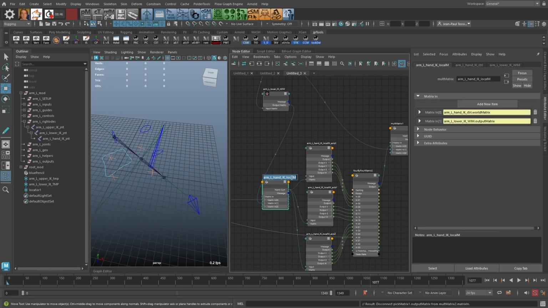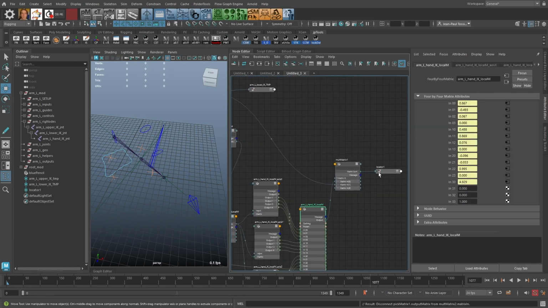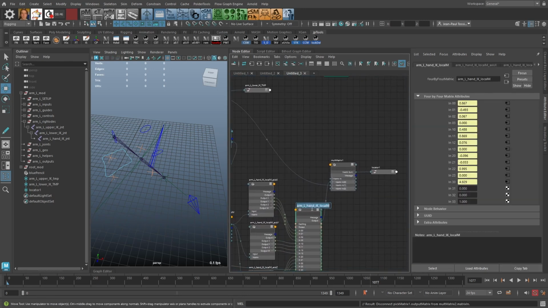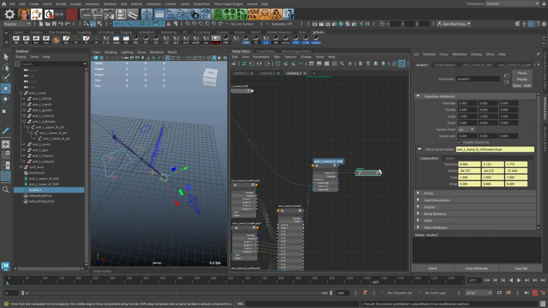So let's call this base local matrix, for lack of a better word for now. Okay, so now we have the local matrix of the hand as well, and we have constructed the world matrix as well. And this is going to be the temporary locator.